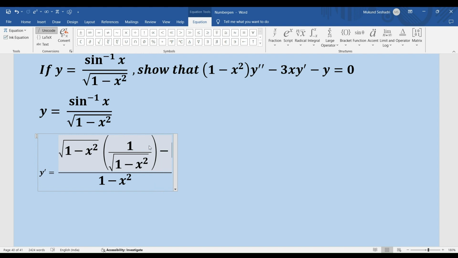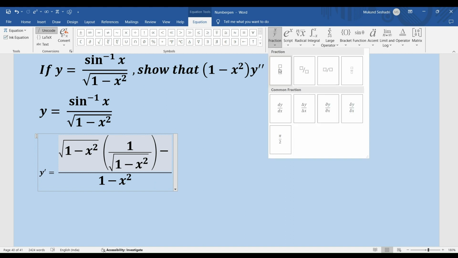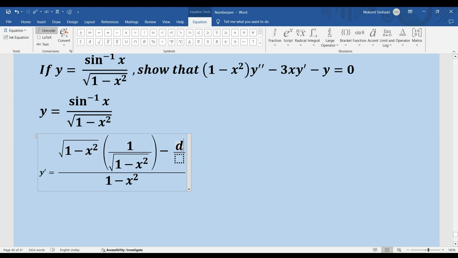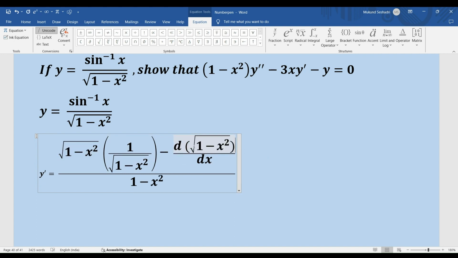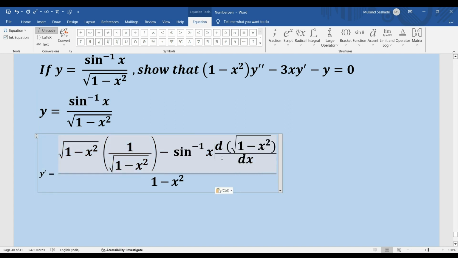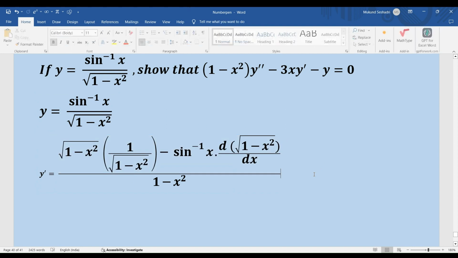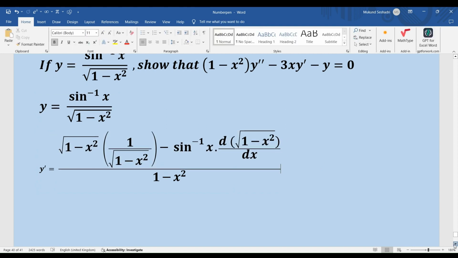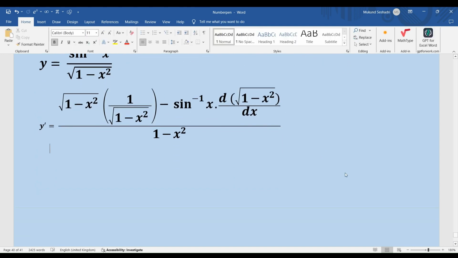Now I pick up my denominator, which is d by dx of square root of 1 minus x square, right? And then I have to retain my first function, which is nothing but my sine inverse of x, right? So this is what I have. I apply the quotient rule. Now I'll move to the next step.